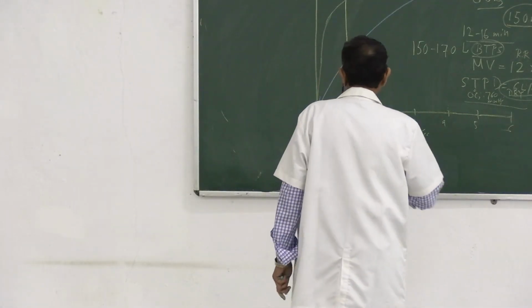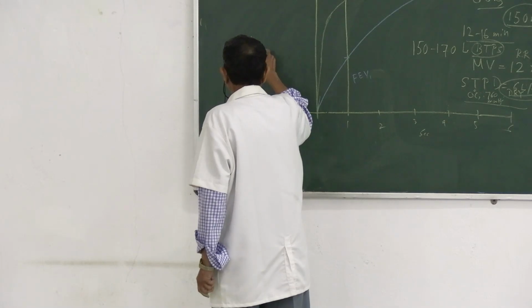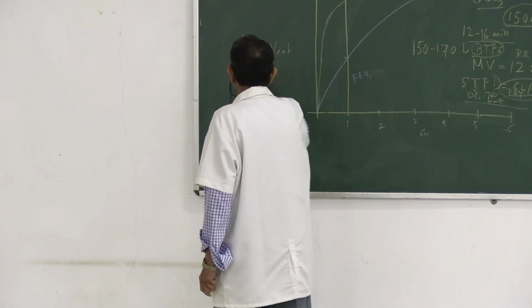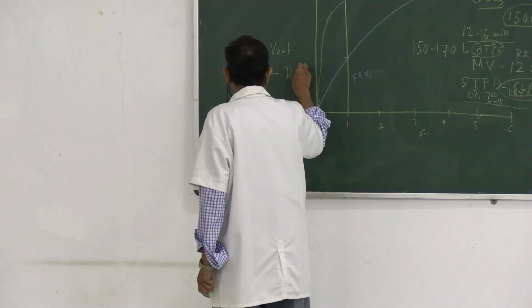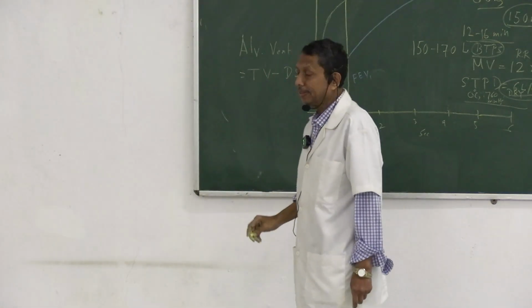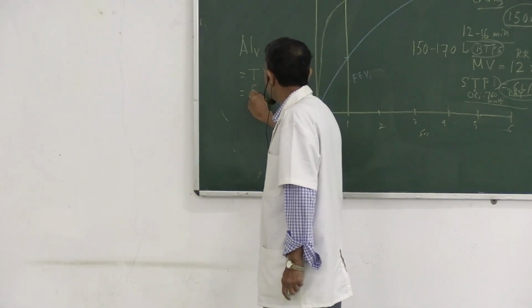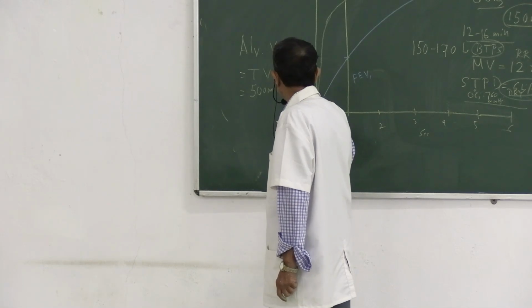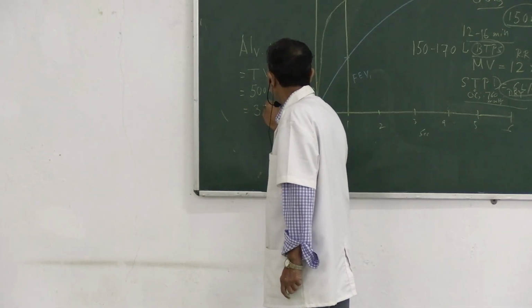It is the effective ventilation. Alveolar ventilation is equal to tidal volume minus dead space volume. Suppose in a typical individual, it is 500 ml minus 150 ml, 350 ml.